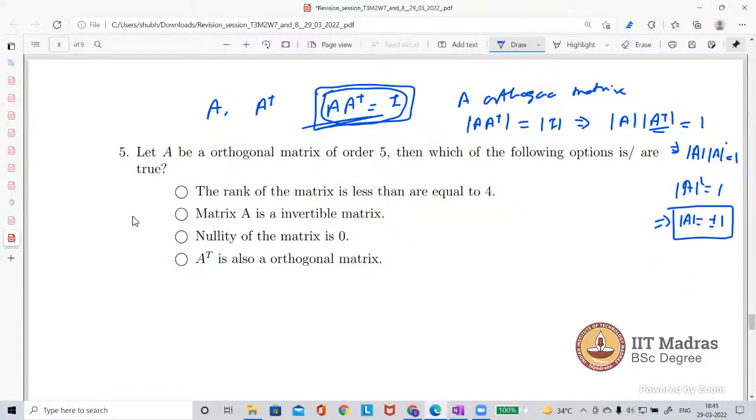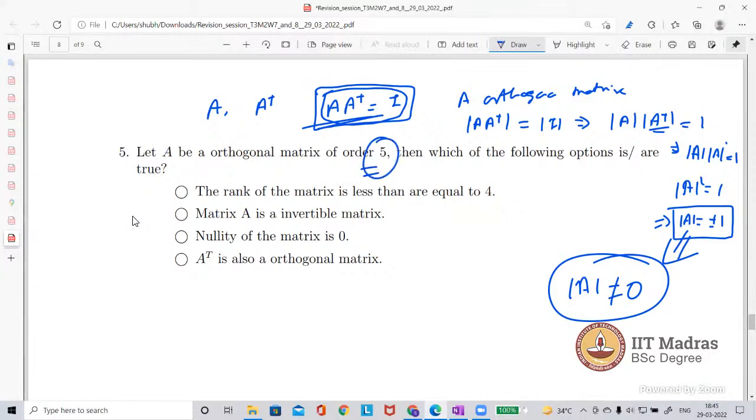So what it says is the determinant of A is not equal to 0. What does it mean? The rank of A is surely the order of the matrix. If it is 5, then the rank will be 5. If the order of the matrix is 4, then it will be 4.